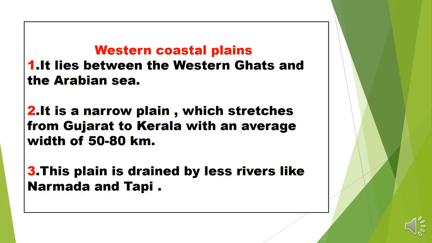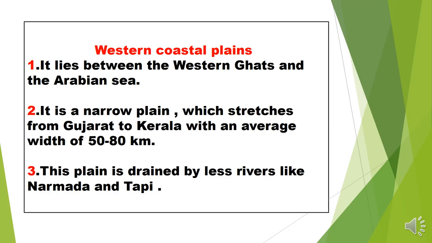The western coastal plain is drained by few rivers like the Narmada and Tapi. Many rivers flow from west to east, but these two, the Narmada and Tapi, flow from east to west and drain into the Arabian Sea.